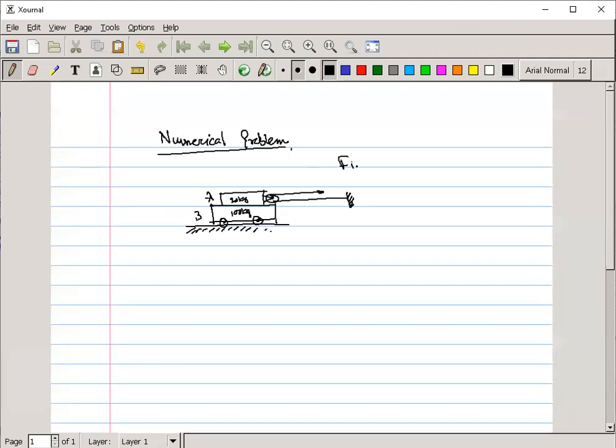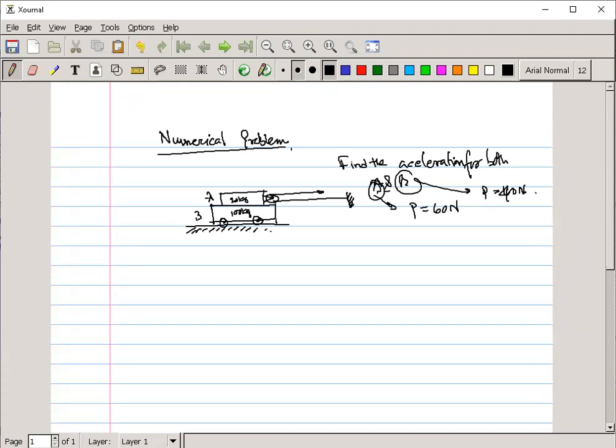Means find the acceleration for both A and B. For A is the condition when we apply P equal to 60 Newton, and B is the condition when P is applied, that is 40 Newton.